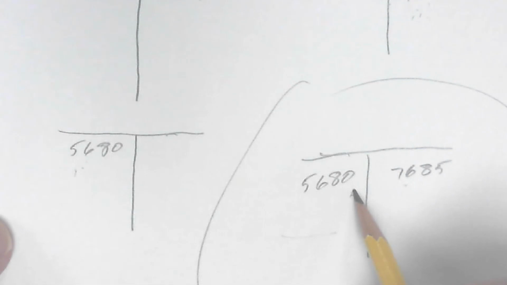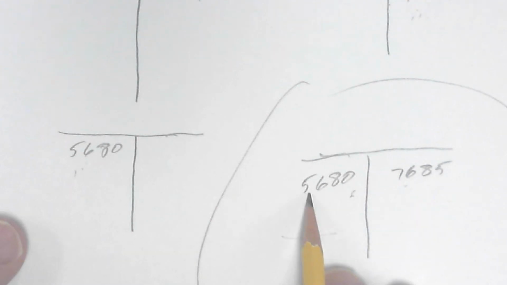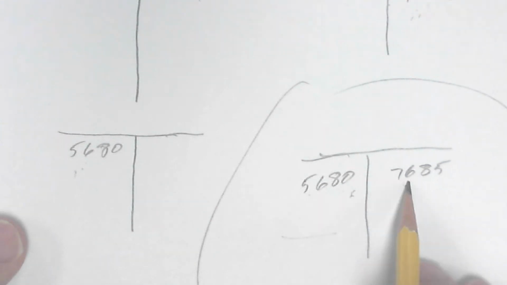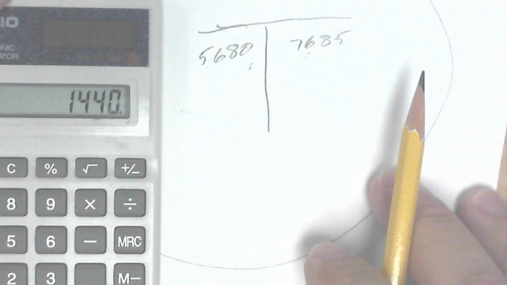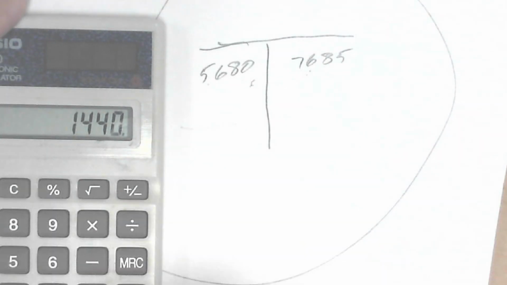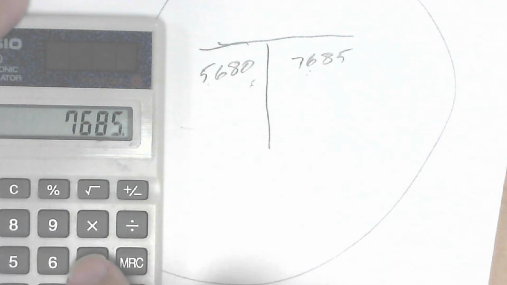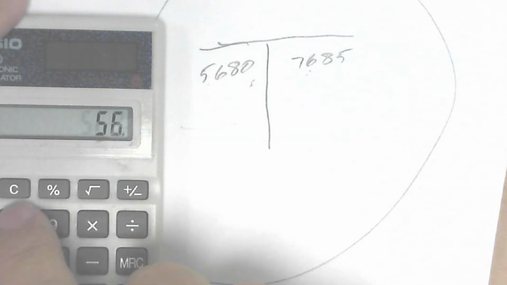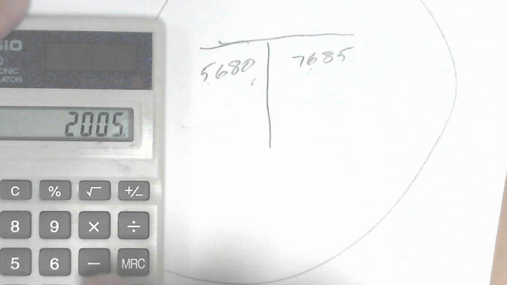Because overall, at the end of the day, your credits and debit accounts have to be equal. So we'll subtract the $56.80 from the $76.85. $76.85 minus $56.80. I didn't add right somewhere.